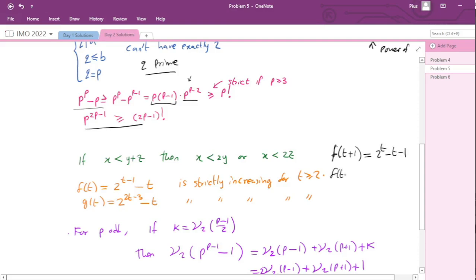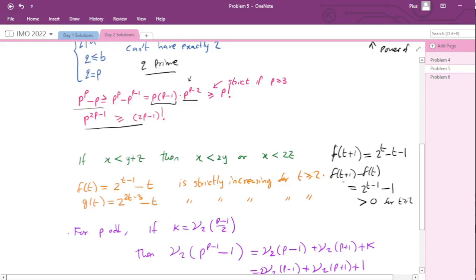So if we subtract this from f of t, we're going to be left with 2 raised to power t minus 1 minus 1. And this is going to be strictly greater than 0 when t is greater than 1. So this is going to be greater than 0 for t greater than or equal to 2.